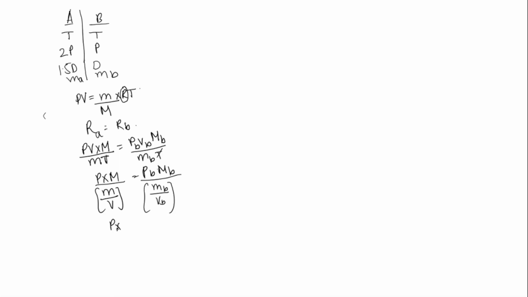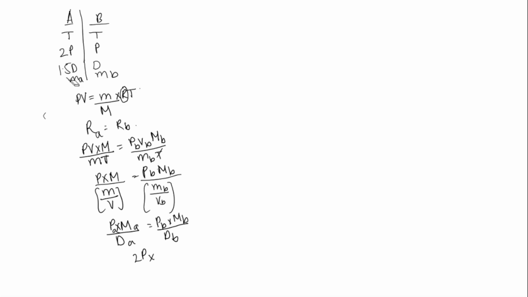So P into M by density of A is equal to PB into MB by density of B. Pressure of A is 2P, and the molar mass of A we need to find out.